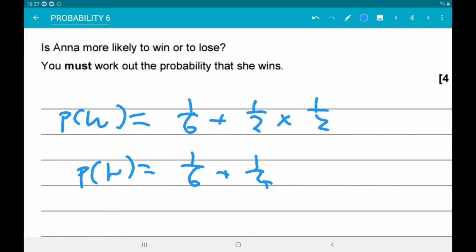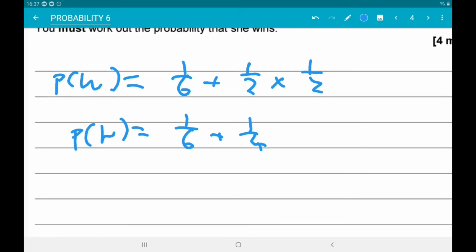Alright, now to add those, we need common denominators, so we can turn them both into 12s. So this is 2 12s. Add 3 12s, which is 5 12s.